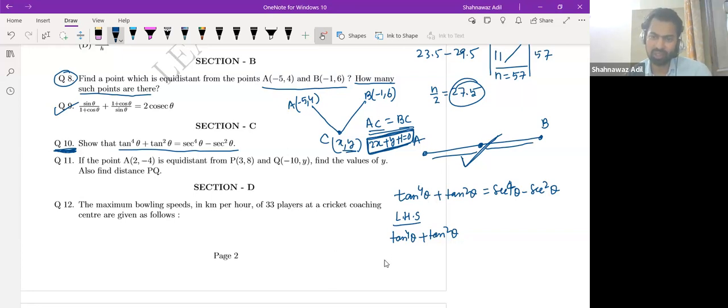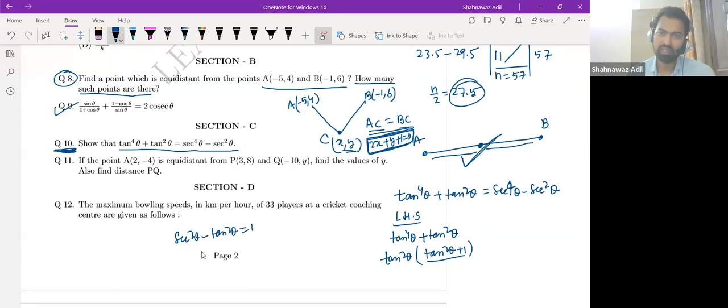So tan 4 theta is the common, tan square theta. So this is tan square theta plus 1. And what is tan square theta plus 1? 1 plus tan square theta. This is the identity, right? So sec square theta is 1 plus tan square theta. So this is sec square theta.